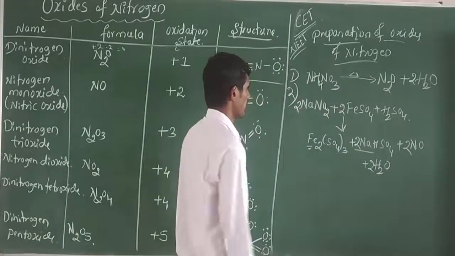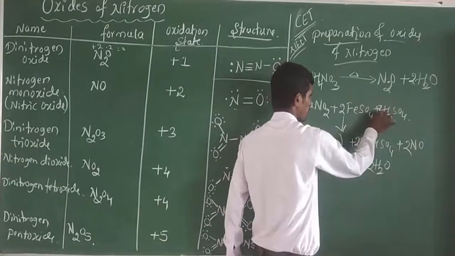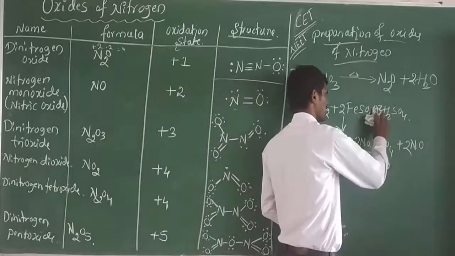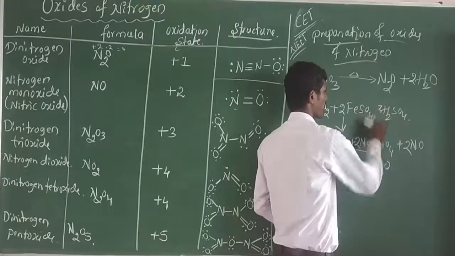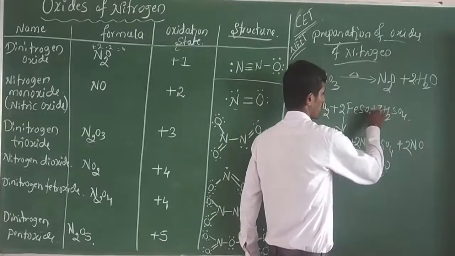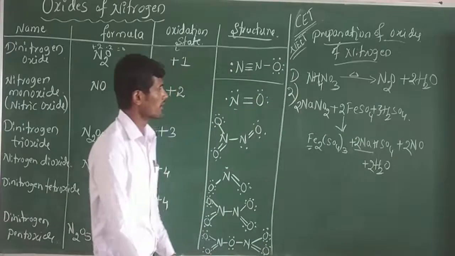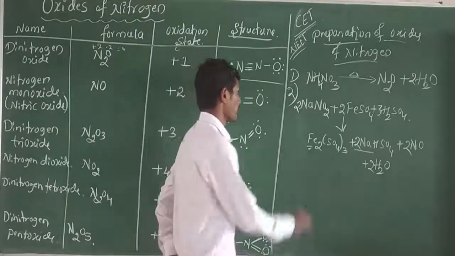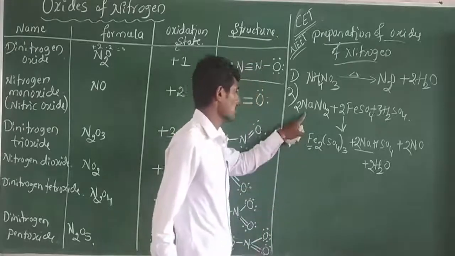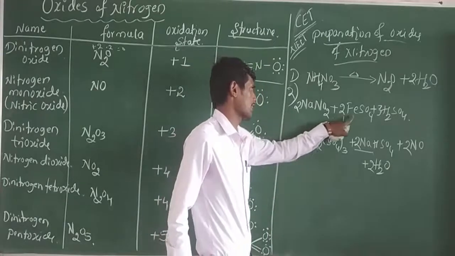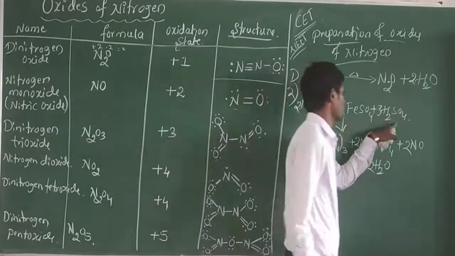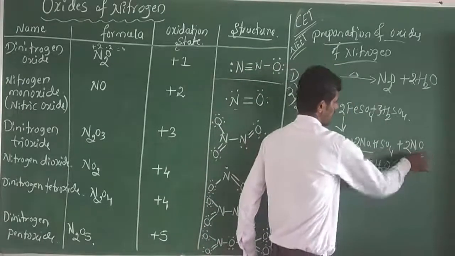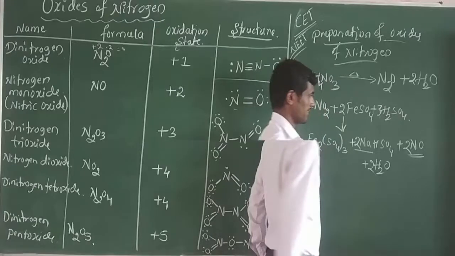Finally you get 3 moles of H2SO4. You balance, and it is very easy to balance. Okay, when sodium nitrite is treated with iron sulfate and concentrated sulfuric acid, then we get nitric oxide. This is one of the reactions of nitric oxide.